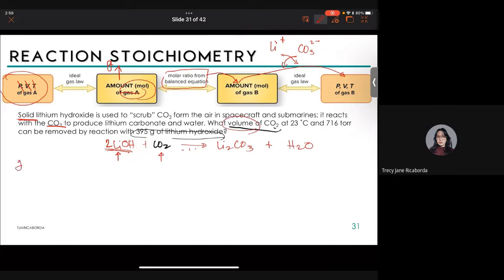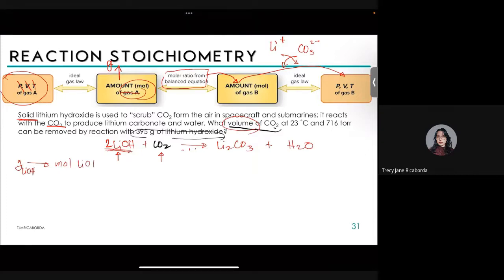So, roadmap: grams or mass to moles, grams LiOH to moles LiOH. Then convert into moles CO2. Then convert into volume CO2. That's what we're going to do.